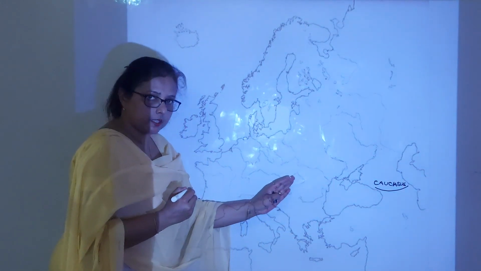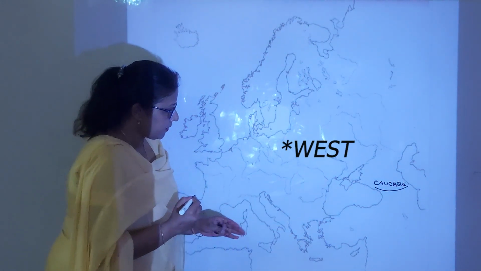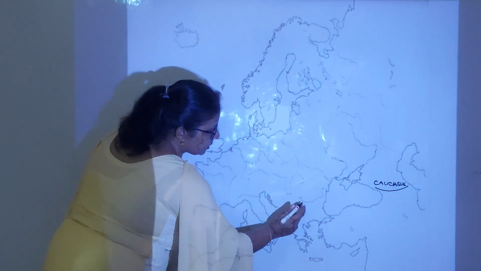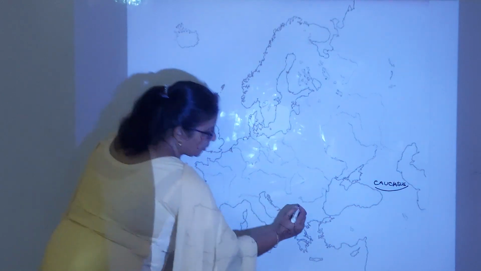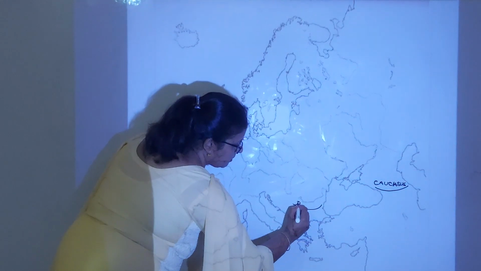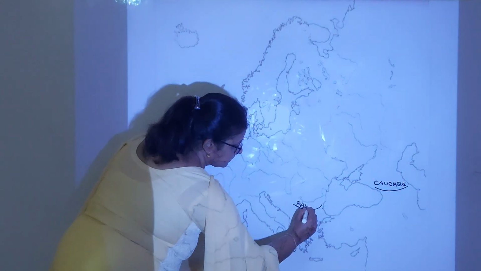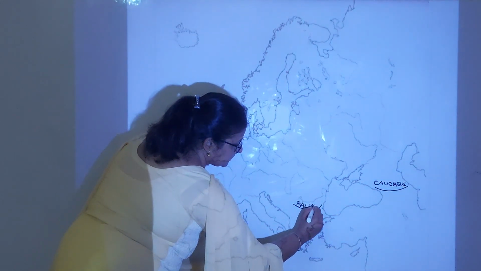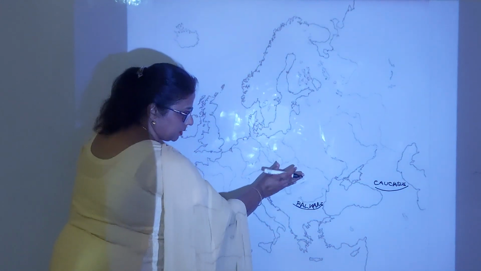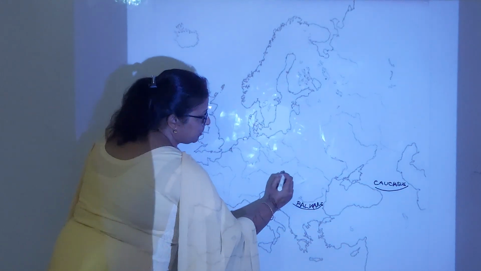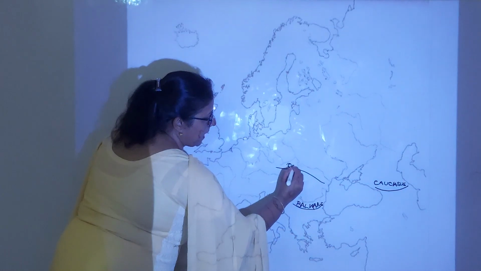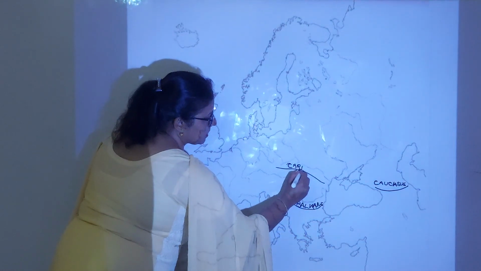As we move towards the east, we have an important range to the south of the river Danube, and the name of this range is the Balkans. And just north of the river Danube, there is another important range which is known as the Carpathians.